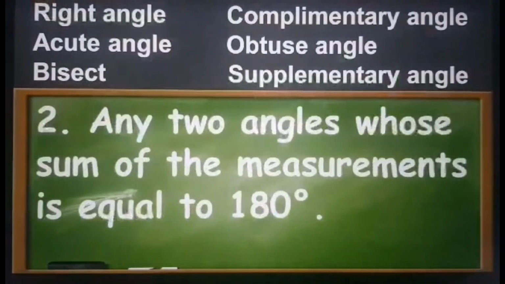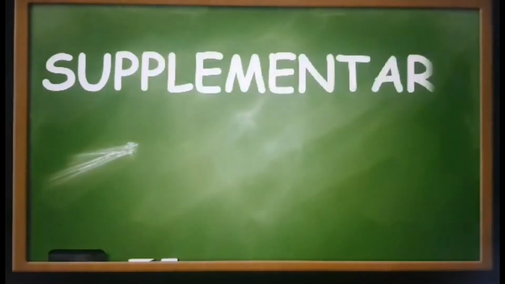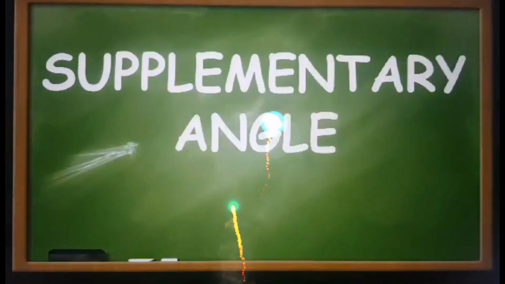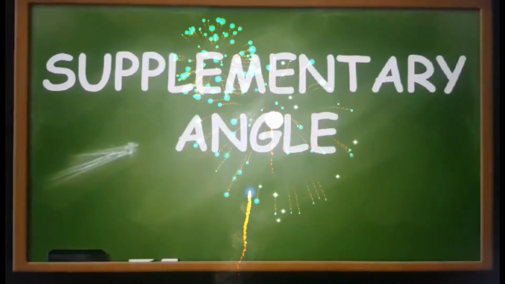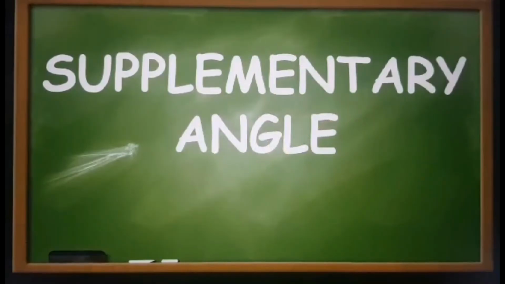Number 2. Any two angles whose sum of the measurements is equal to 180 degrees. The answer is supplementary angle. If you get it right, that's a very good job.